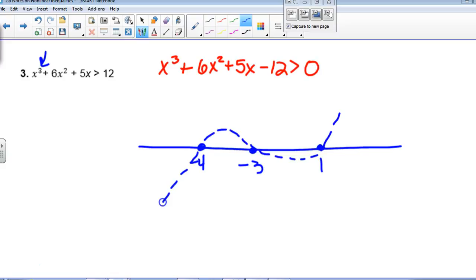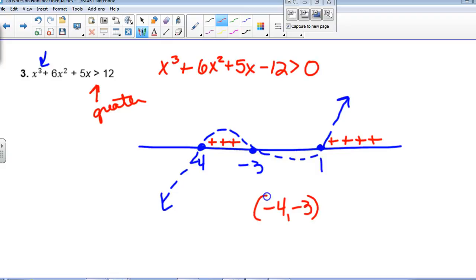Because it's a cubic, right? Is that the right shape? It may go up a lot higher, down a lot lower than that, but it doesn't matter. Greater than means what? All numbers greater than. So where it's positive here and out there. Answer in interval notation, anybody? -4 to -3, union 1 to infinity. You guys are good.